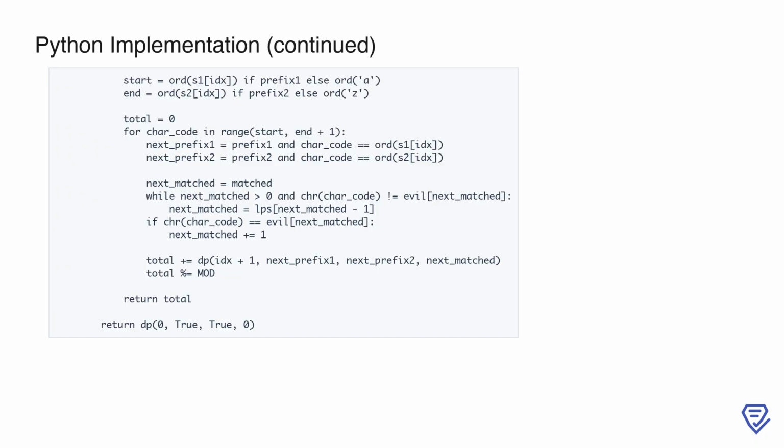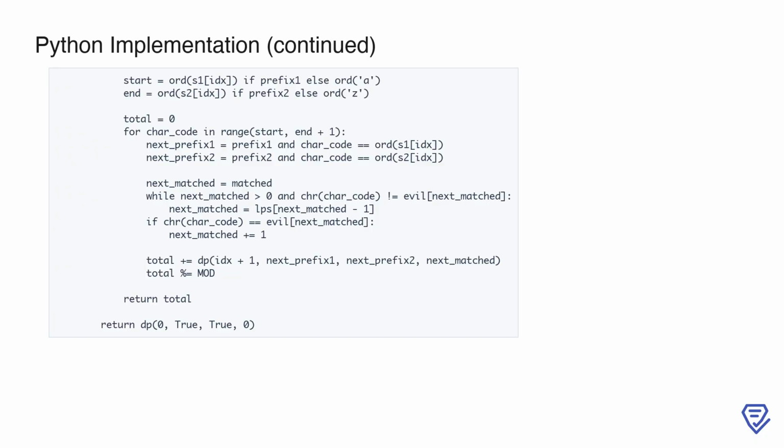We initialize a variable total to accumulate the count of valid good strings for this position. Then, we iterate over all possible character codes within the defined range. For each character, we determine whether the new character maintains the prefix constraints by comparing it to S1[idx] and S2[idx]. If it matches the current boundary characters, the corresponding prefix flags, next_prefix1 and next_prefix2, remain true, otherwise, they are set to false.